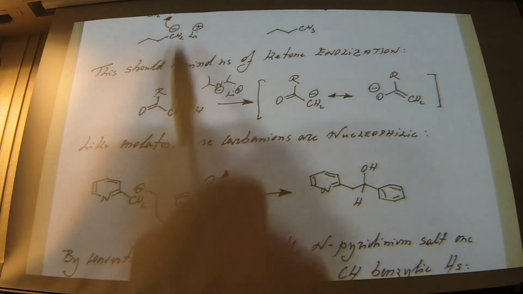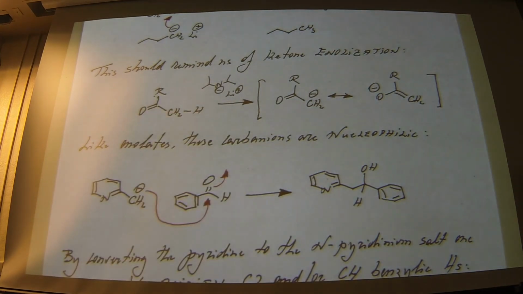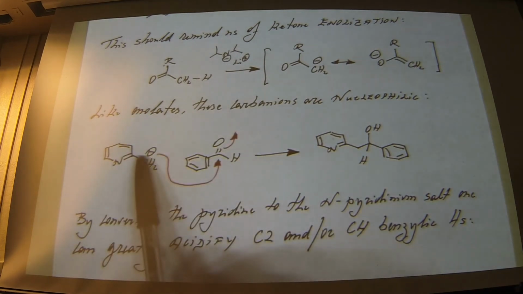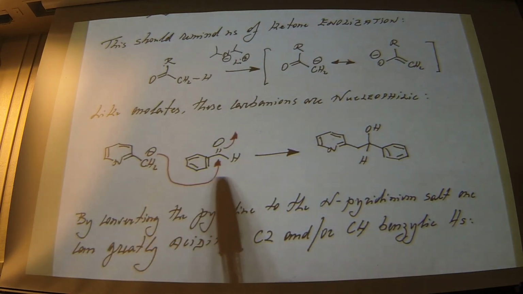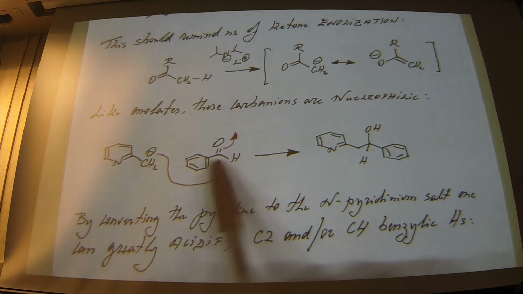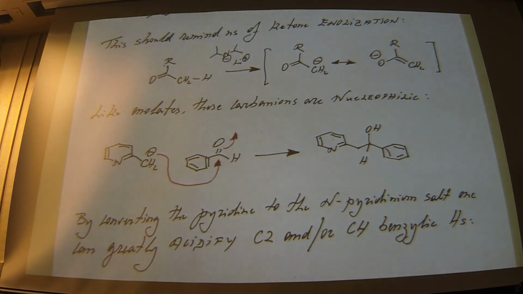Well, because I can't use butyllithium on the ketone or bad things will happen. Now, just like enolates, these carbanions are nucleophilic. And so I can trap them with all manner of electrophiles. I can trap them with aldehydes, ketones, esters, you name it. And so this kind of reaction takes place very, very nicely.